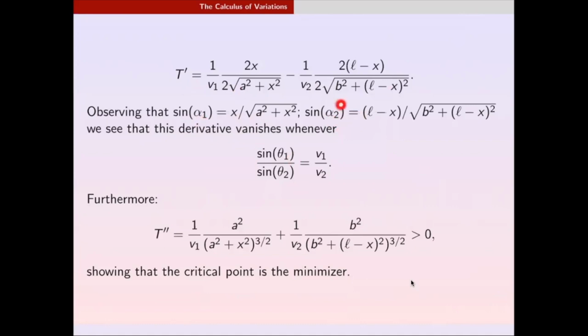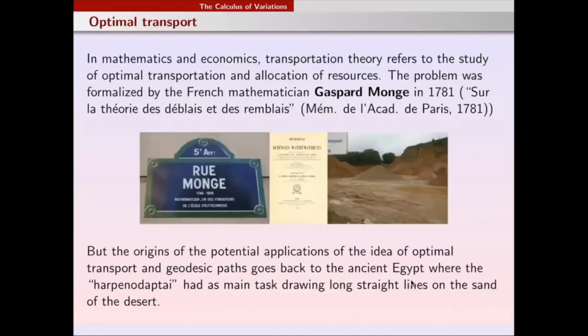And not only is this a critical point, but if you take the second derivative, you will see that it is positive, and therefore you are guaranteed that this is the minimum and not the maximum. You see, this calculus 1 exercise at the end of the 17th century was too difficult for people like Fermat, and only Leibniz was able to do it, okay?